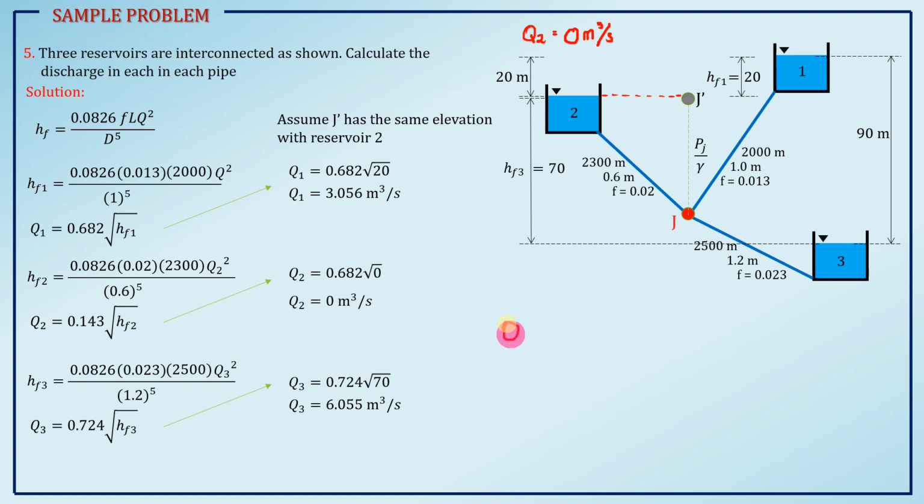So, if your Q1 is greater than Q3, in this relationship, your Q2 is towards your reservoir 2, and J prime is above reservoir 2.